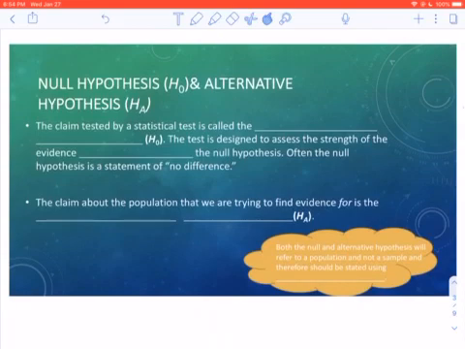There are two types of hypotheses in statistics. The first one is the null hypothesis. The claim tested by a statistical test is called the null hypothesis, and you denote that with this H with the little 0, called H naught, or the null hypothesis.